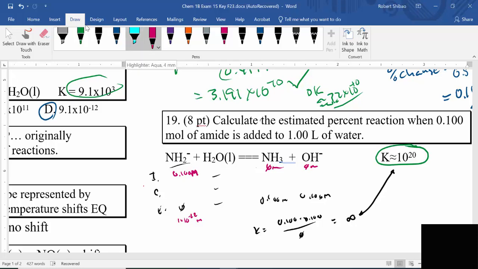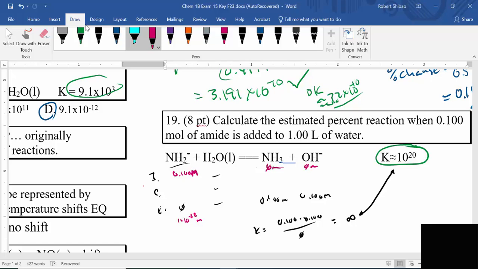The other thing is, you handle calculations differently depending on what I ask. For some problems, I ask for percent reaction, so I might handle those differently than ones that ask just for pH. If the problem just asks for pH, then I'm focusing on one thing, and I might be able to take shortcuts and skip things to make the calculation faster. Other times I'm asking for everything.